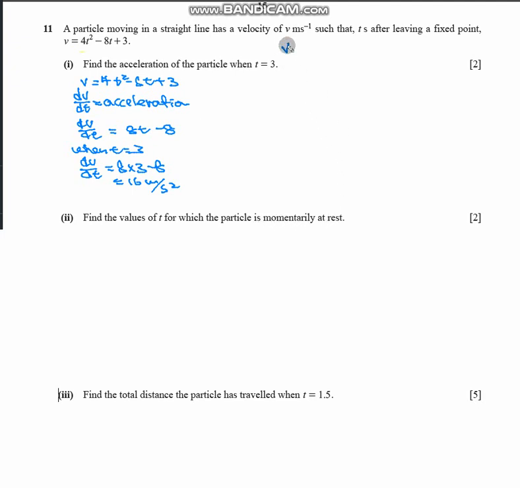Meaning v equal to 4t square minus 8t plus 3. So when v equal to 0, 4t square minus 8t plus 3.